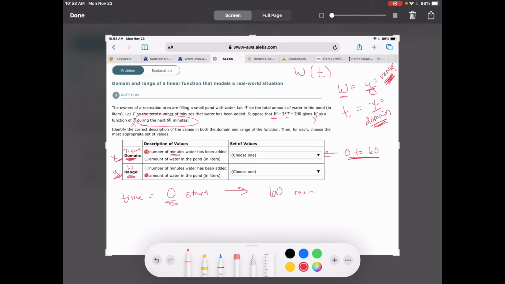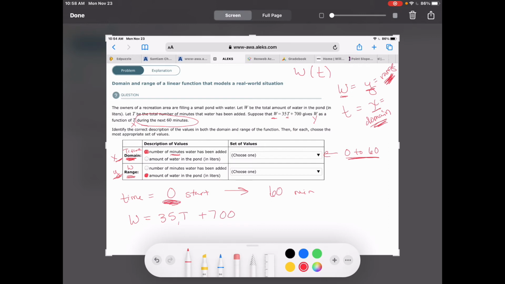The drop-down menu is going to tell you, okay, so if we're adding water for 60 minutes, what does that look like? So what we can do here, because it might not start at 0, is use our function. So we have W equals 35T plus 700, and we can plug in our starting amount.